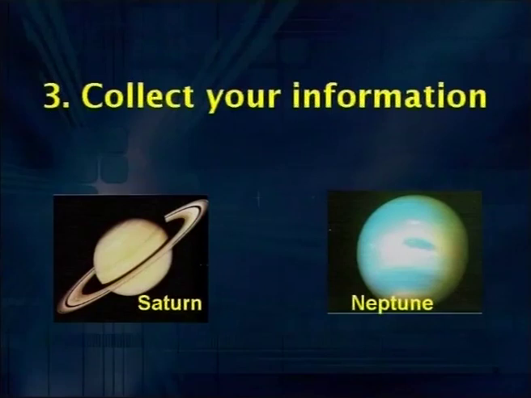Right, we will begin with collecting our information. You have chosen your planet to work on. Once you see information up here on the screen, you pick out the information that belongs to your planet.